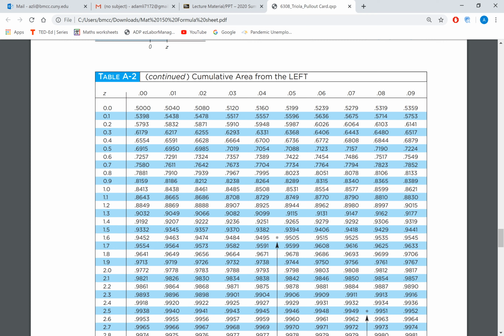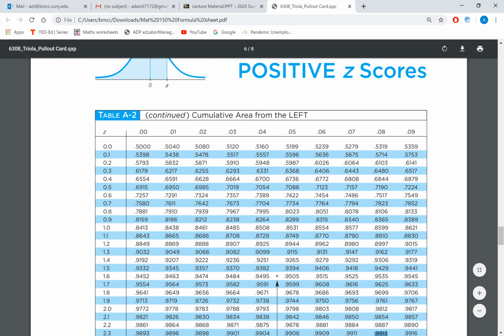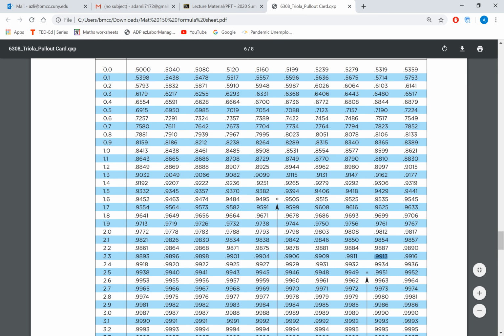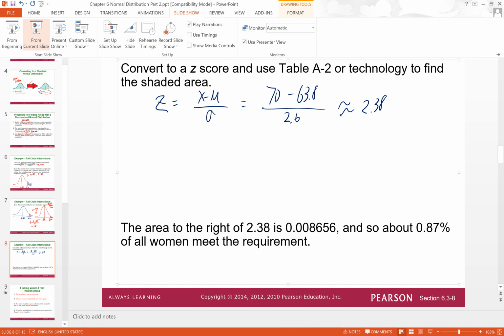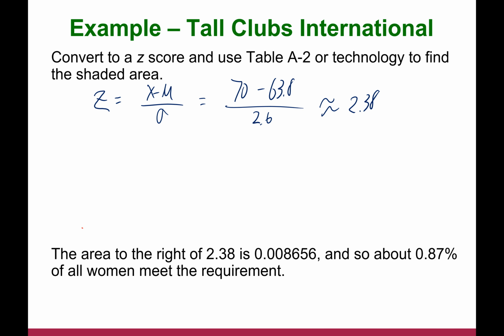As you can see, the probability associated with the z-score of 2.38 is 0.9913, and that indicates the area to the left hand side. This table only gives us the area to the left hand side. Now if we go back, since we know the area to the left hand side is equal to 0.9913.